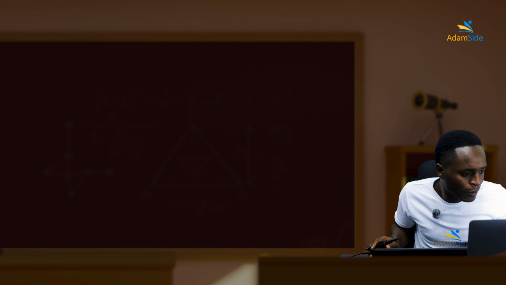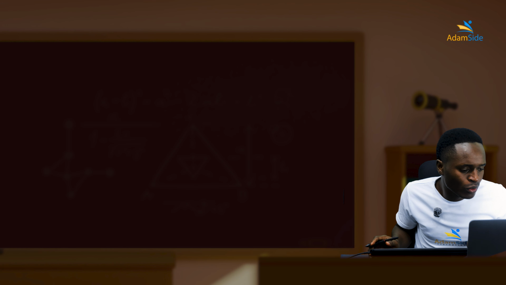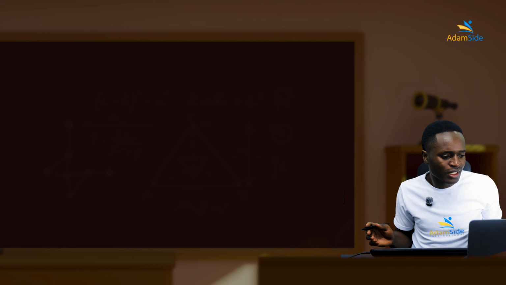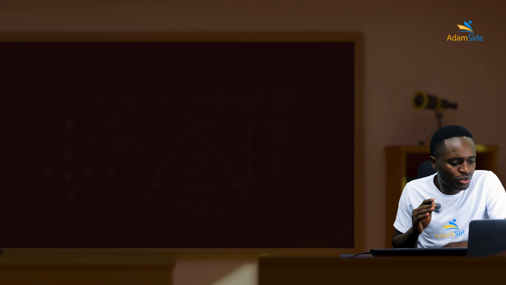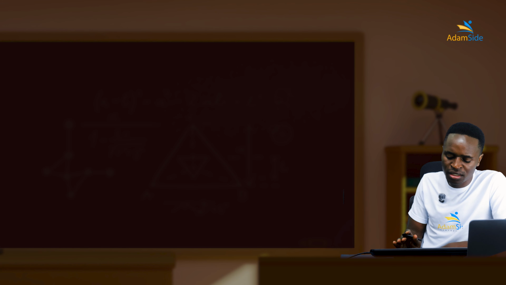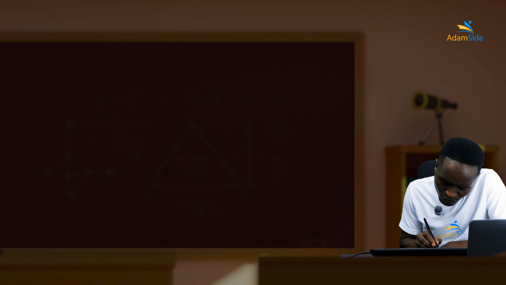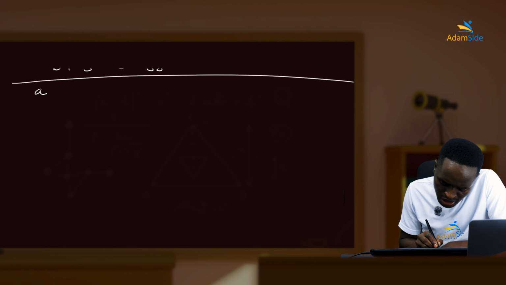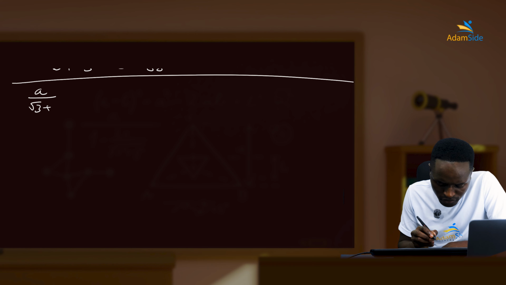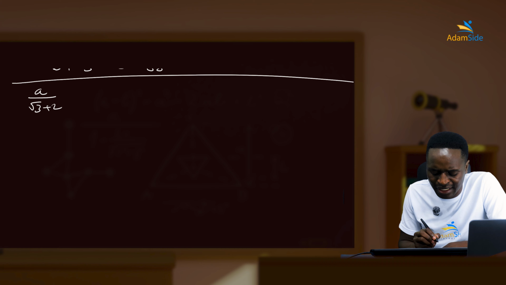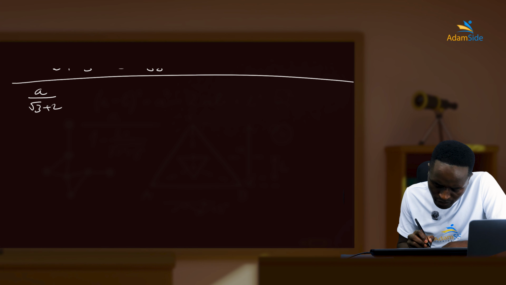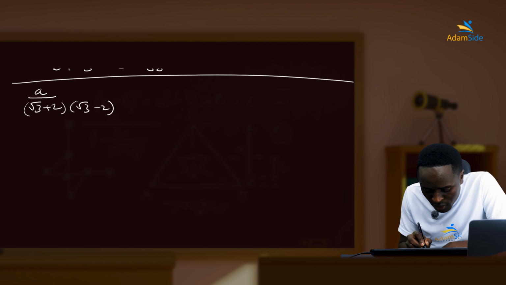Maybe we have a question that says, how do we rationalize? For example, rationalize the denominator of the fraction a over root 3 plus 2. The conjugate of root 3 plus 2 is root 3 minus 2.